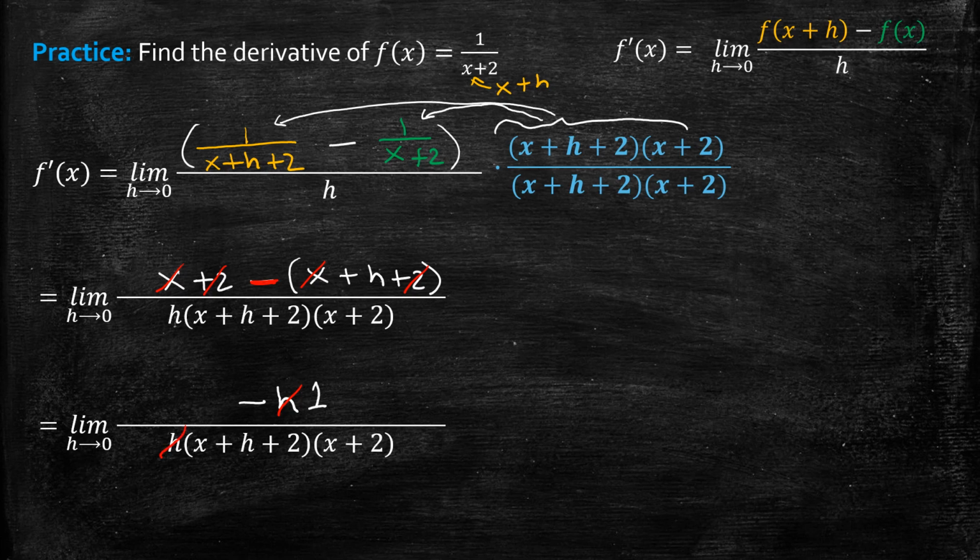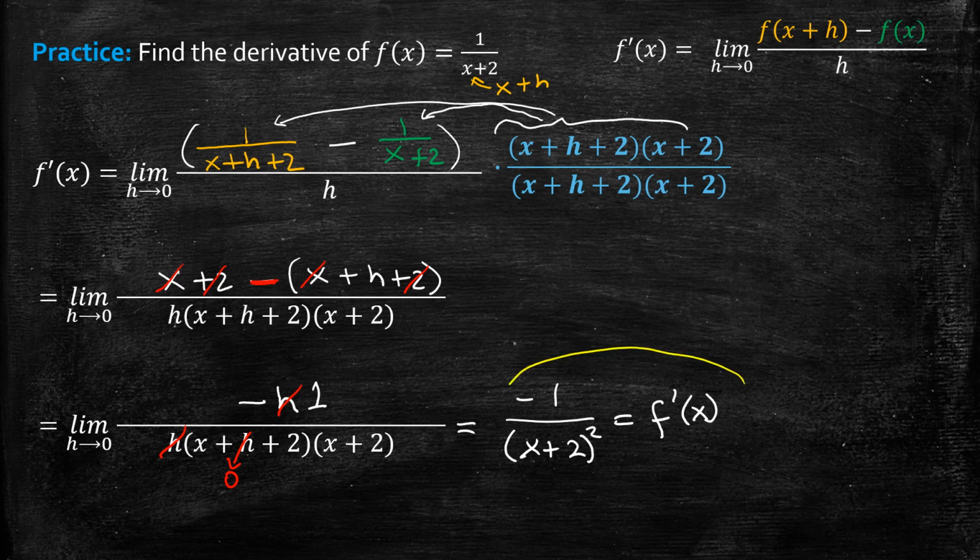And so we are at a stage where we can just plug in h equals 0 legally. So we're going to put that to 0. And we end up with negative 1 over x plus 2 squared. So we have found the derivative of the reciprocal function, and our mission is completed.